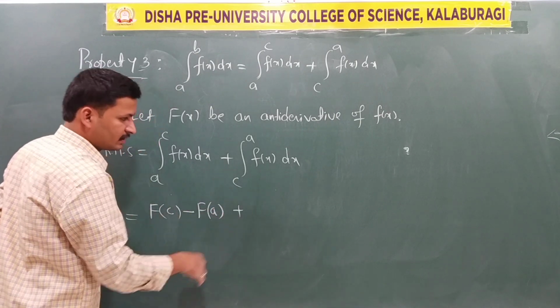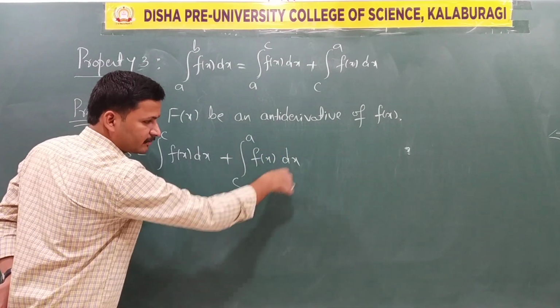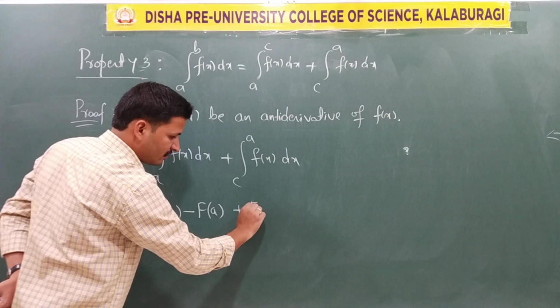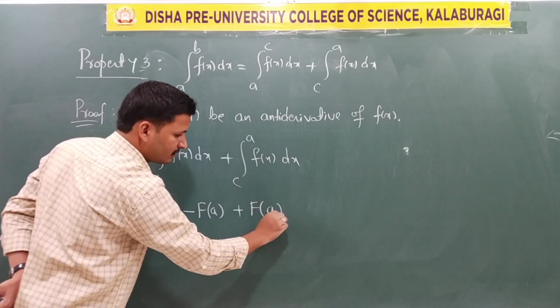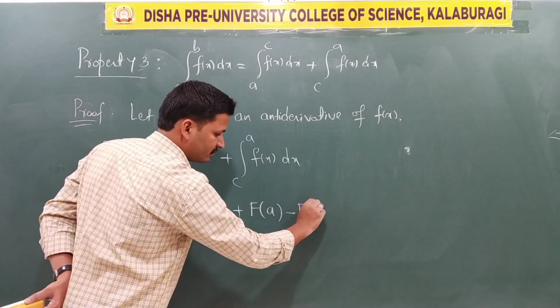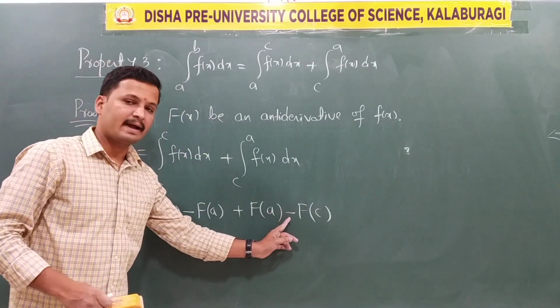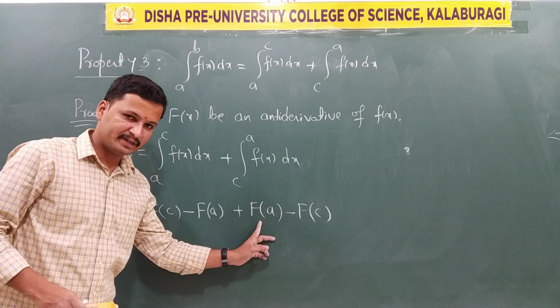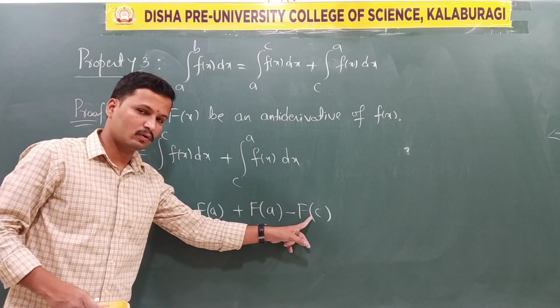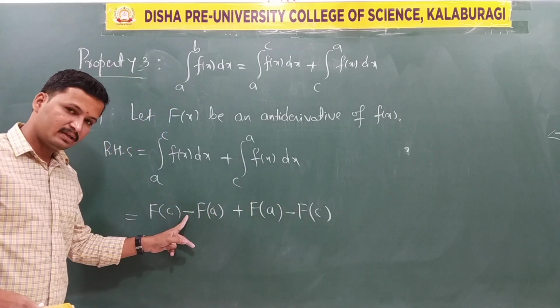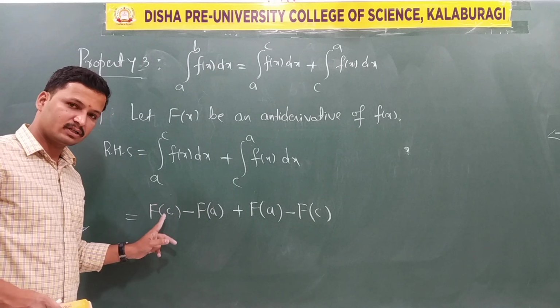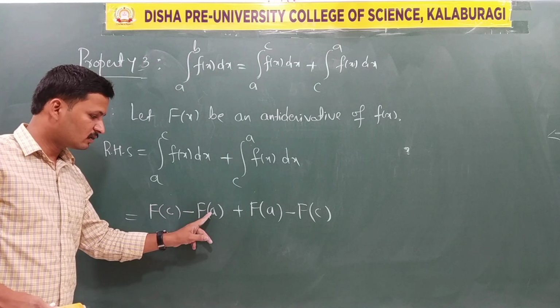Plus, here again apply the fundamental theorem: F at the upper limit minus F at the lower limit. It is the difference of the value of the antiderivative at the upper limit and at the lower limit.